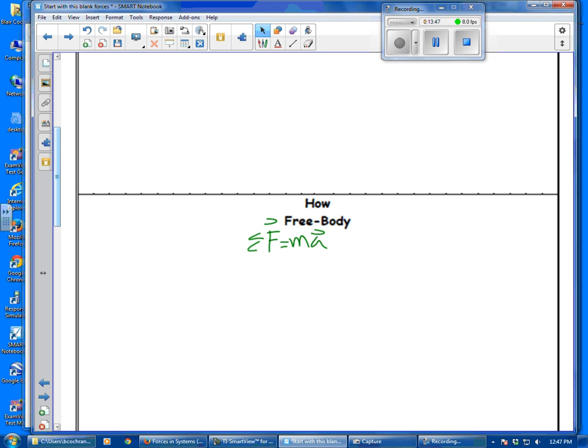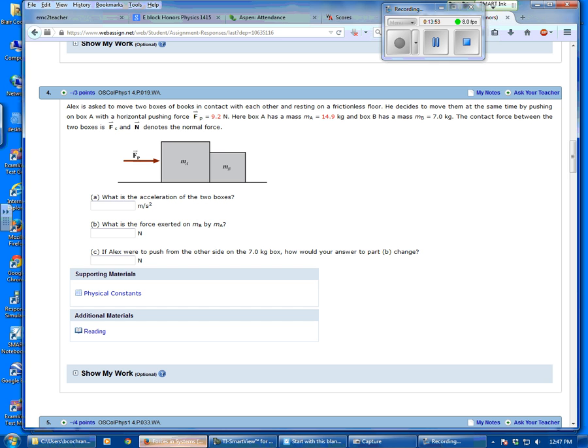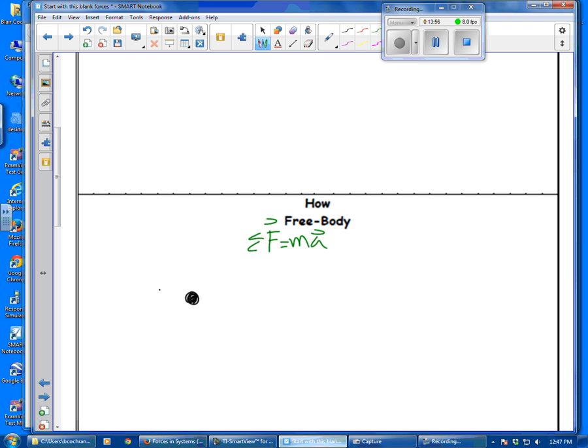And I'm going to plug into my equation 21.9 kilograms, F, FG total, normal total, acceleration.